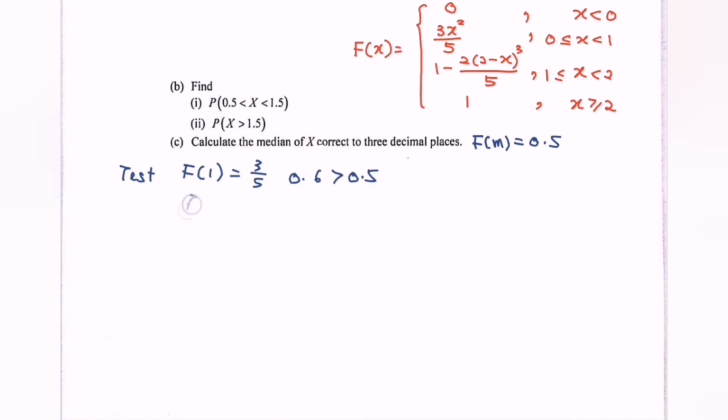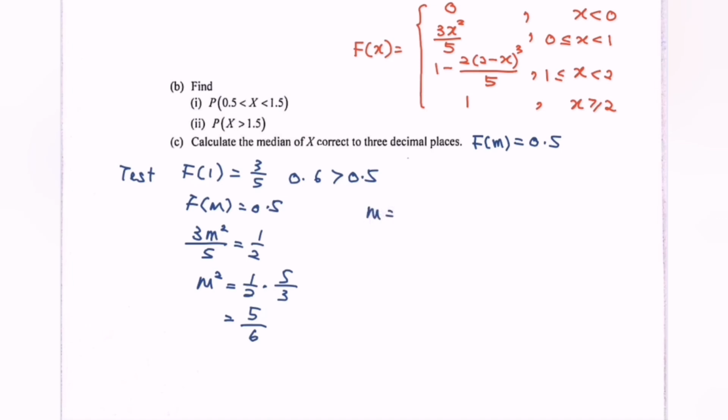Next, F(m) equals 0.5. So we substitute 3m squared over 5 equals 1 over 2. M squared equals 1 over 2 multiplied by 5 over 3, so we will have 5 over 6. Kindly rewrite the situation to find m.